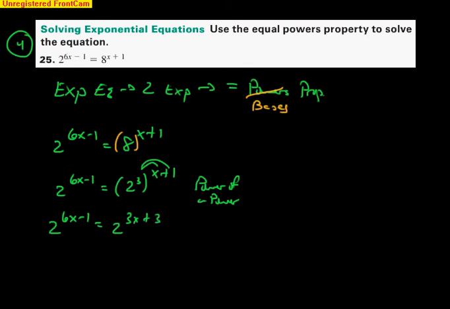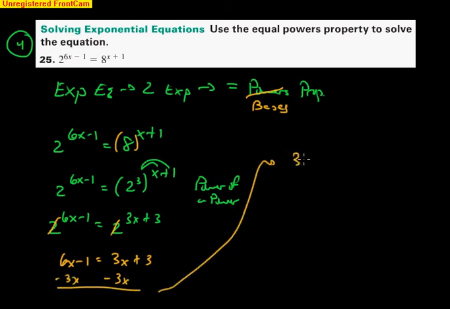And now, with the bases the same, boom, they're gone. 6x minus 1 equals 3x plus 3. I will subtract 3 from both sides. That'll give me 3x minus 1 equals 3 on the right side. I will add 1 to both sides.